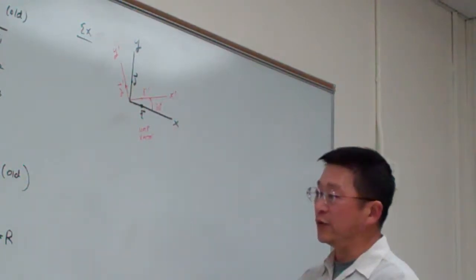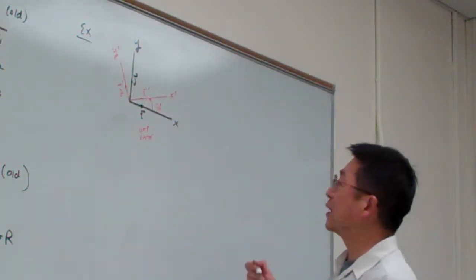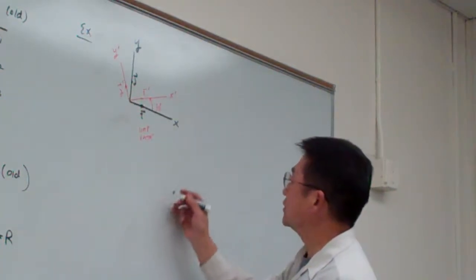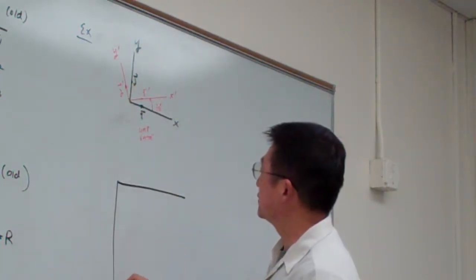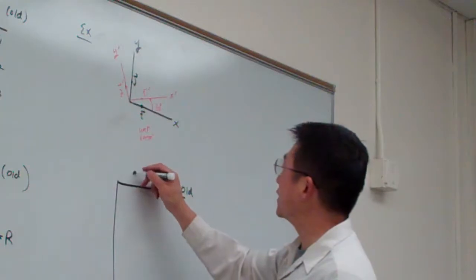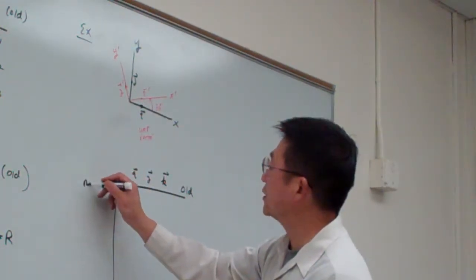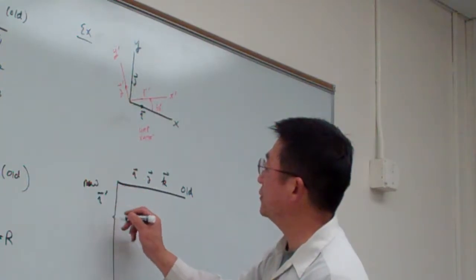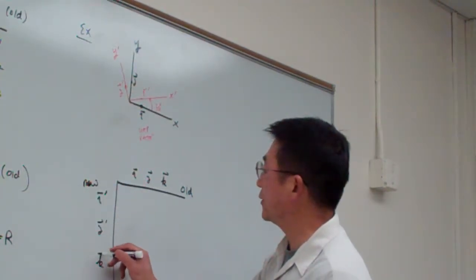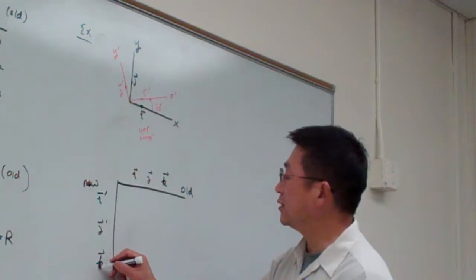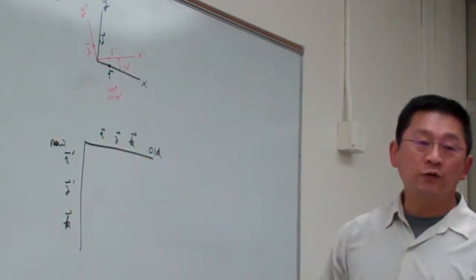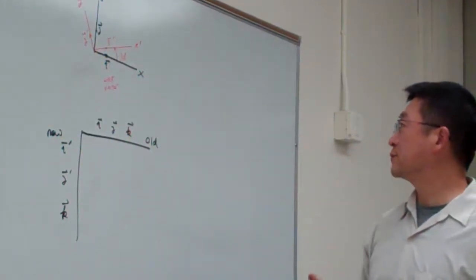So here we can build up this table quickly, and you simply look at here. So this is our given. So that is i, j, k, and there's a transformed i prime, j prime, k prime. And in this example, I just simply want to show you how to determine the components.